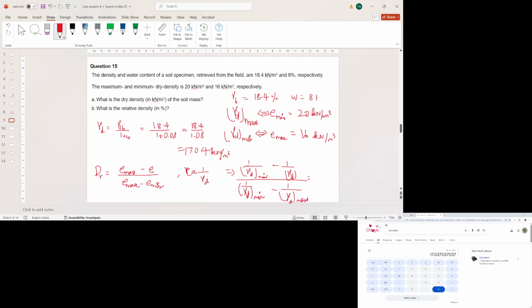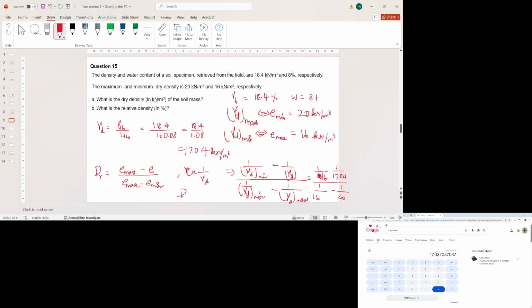So what we get is 1 by 16 minus 1 by 17.04 divided by 1 by 16 minus 1 by 20.